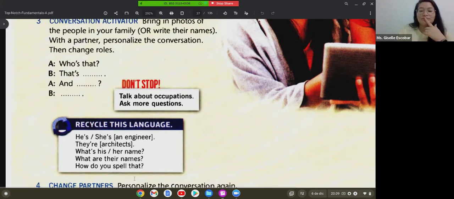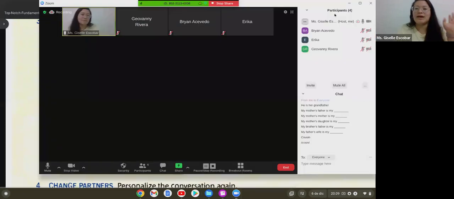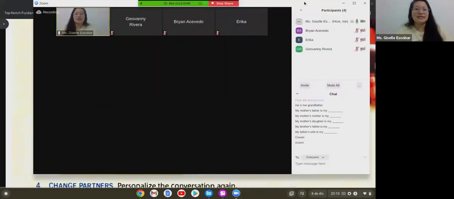Incluso si gustan, pueden meter algo de locations or places or where does he or she work? Where does he work? ¿Dónde trabaja él? ¿Dónde trabaja ella? No es necesario que utilicen información real. Siento que sería un poquito más fácil si utilizamos occupations de las que hemos practicado.